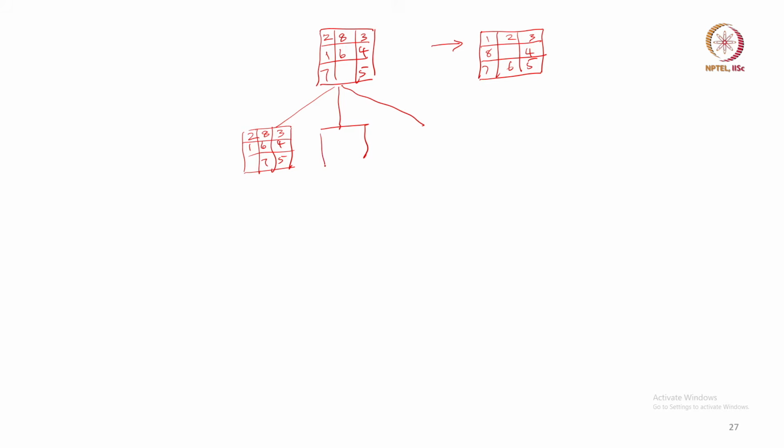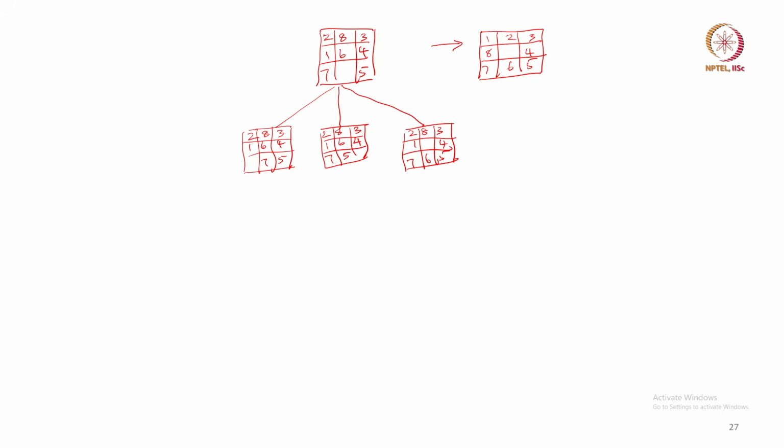The second one would be 2, 8, 3, 1, 6, 4, if you move the blank to this side. And if you move the blank up, you will get 2, 8, 3, 1, 4, 7, 6, 5. These are the 3 possible nodes that you get when you expand the start state.